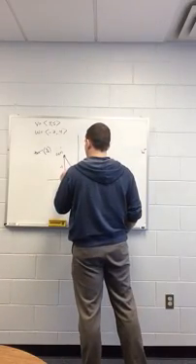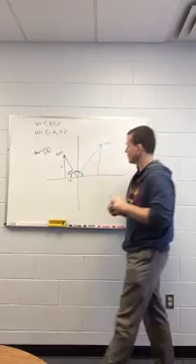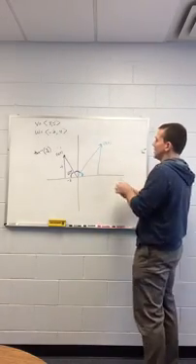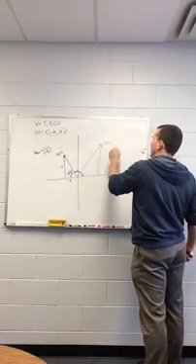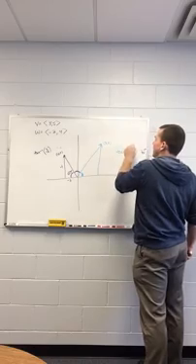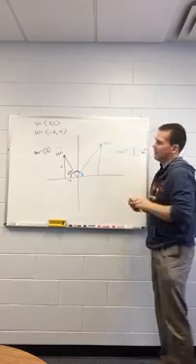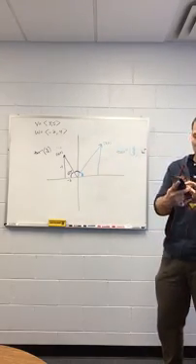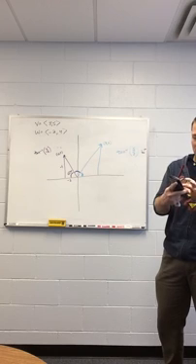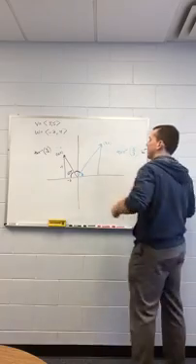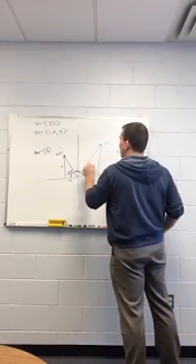So this is 63.4 degrees. And then over here, if we do the same thing, we'll get tan inverse of 5 over 3, which is 59 degrees, which means this is 59 degrees.